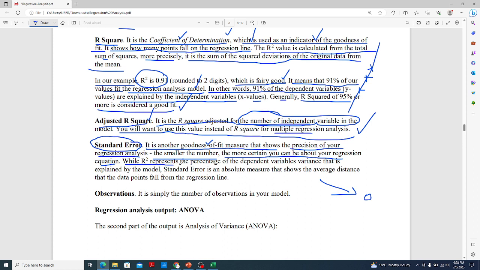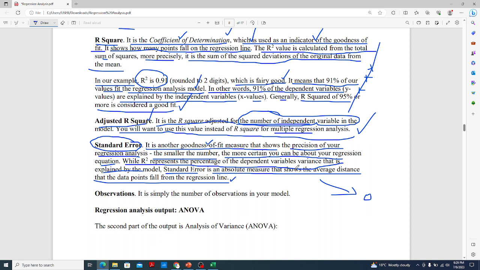While R squared represents the percentage of the dependent variable variance that is explained by your model, standard error is an absolute measure that shows the average distance that the data points fall from the regression line.